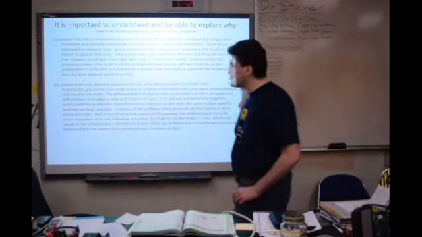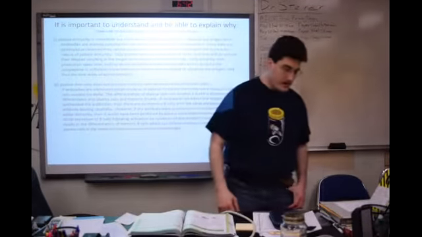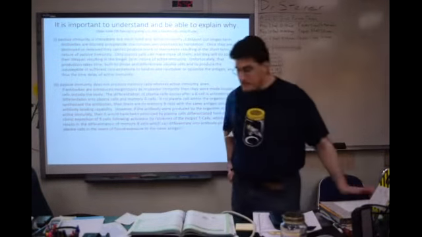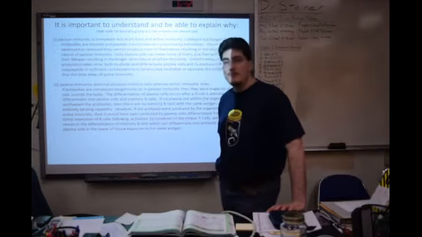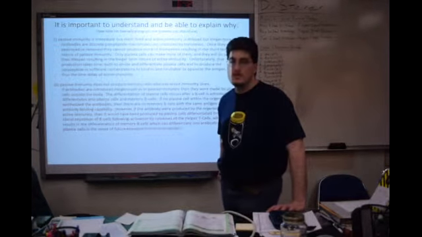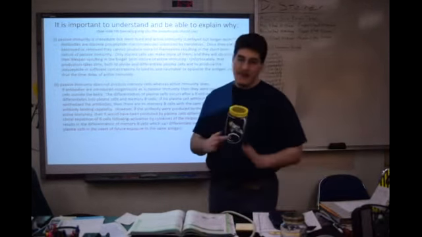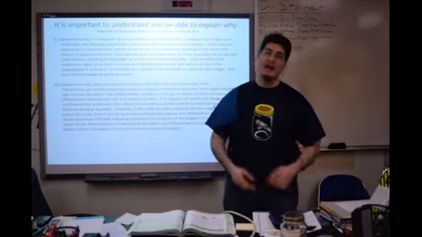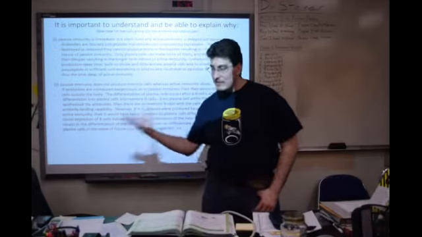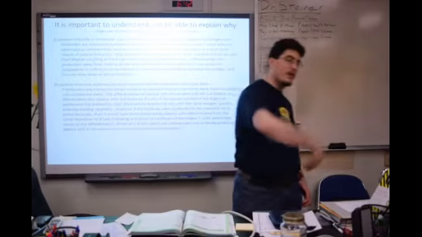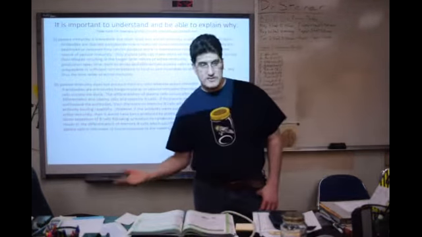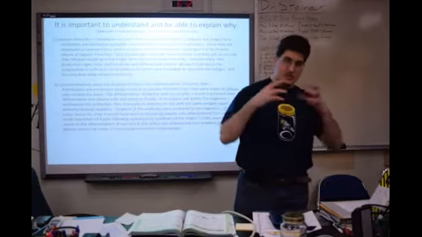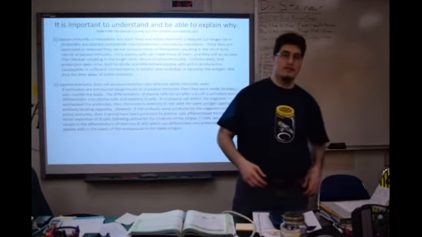Passive immunity does not produce memory cells. When you are getting your antibodies from exogenous sources, exo meaning outside, genus meaning born from, you are given the antibodies from somewhere else. Endogenous is the opposite, internal. Endo is inside.